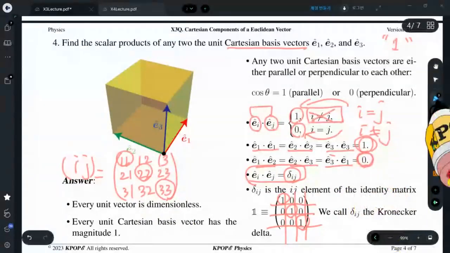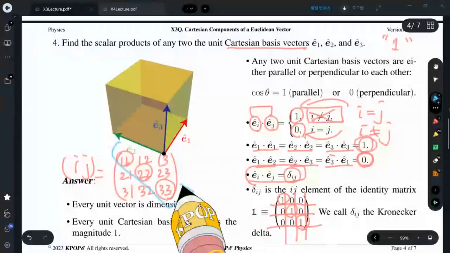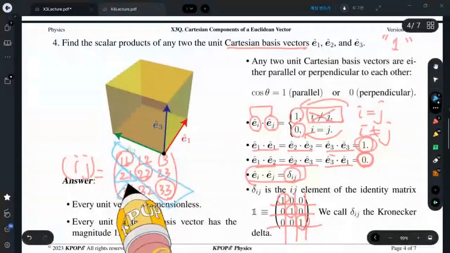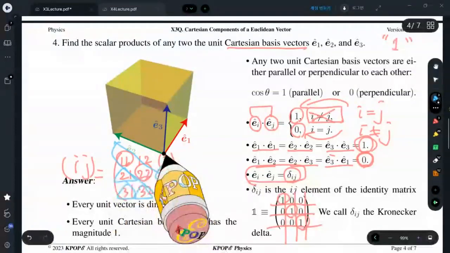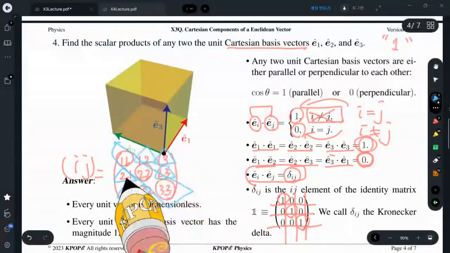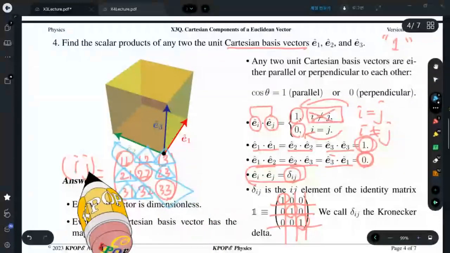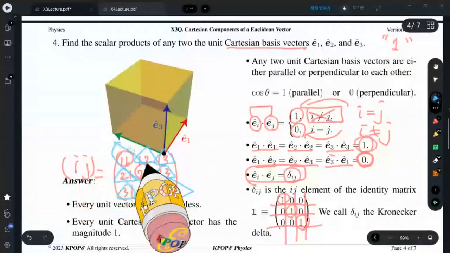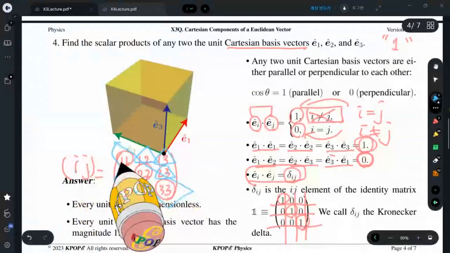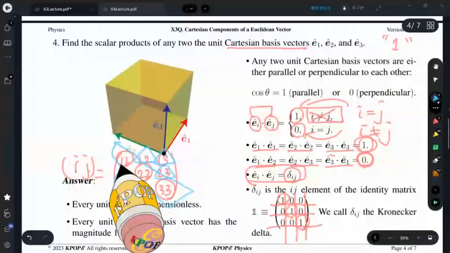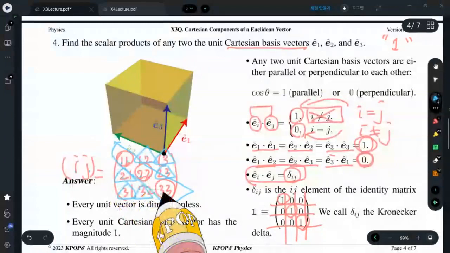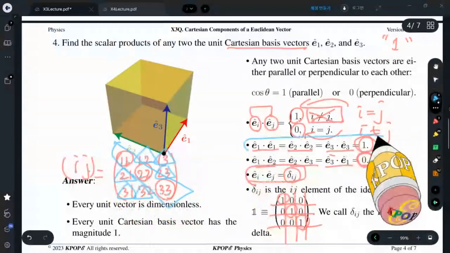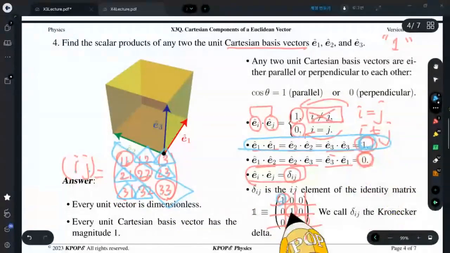They are all vanishing if it is not on the diagonal. If the two indices are different, everything is 0. If the two indices are the same, 1, 1, 2, 2, 3, 3, it is 1. Everything else is 0.